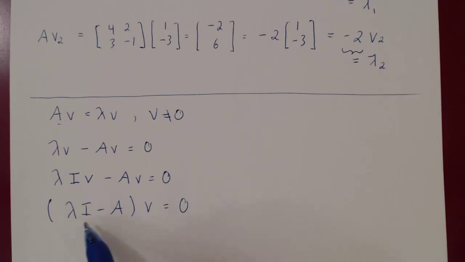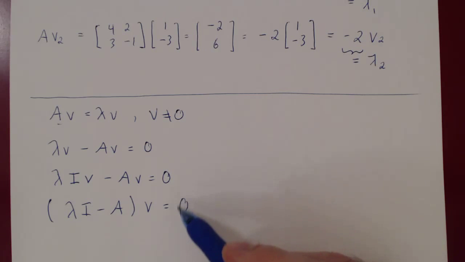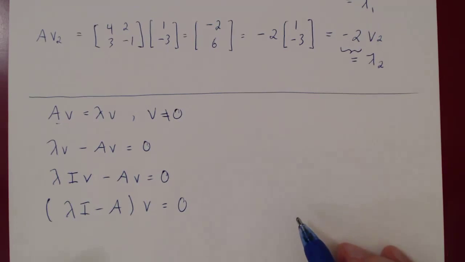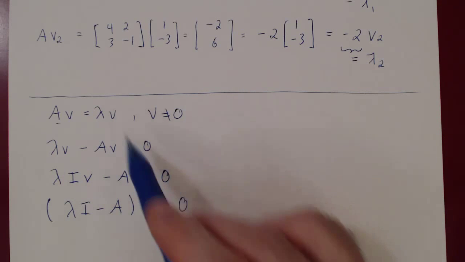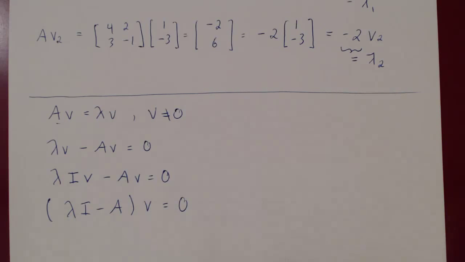The matrix of coefficients is the matrix lambda I minus A. The vector v is the vector of unknowns. And this is the column of constants, which are all zeros.